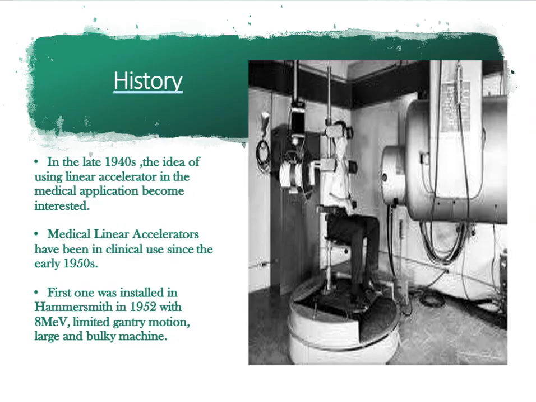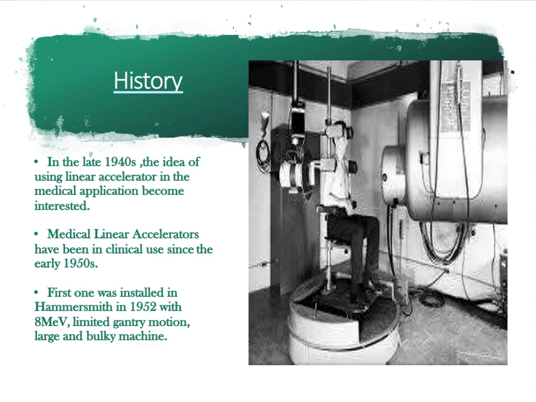Now let me look at the history. In the late 1940s, the idea of using linear accelerators in medical applications became very interesting. Medical linear accelerators have been in clinical use since the early 1950s. The first one was installed in Hammersmith in 1952 with 8 million electron volts.